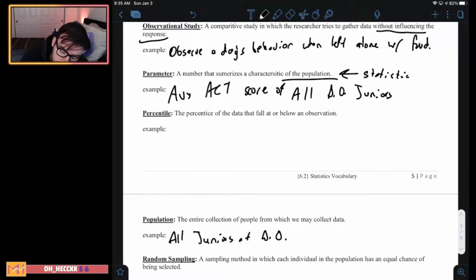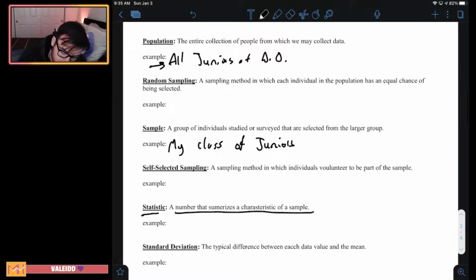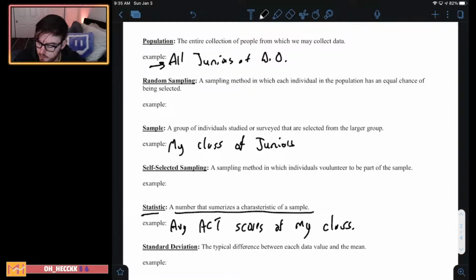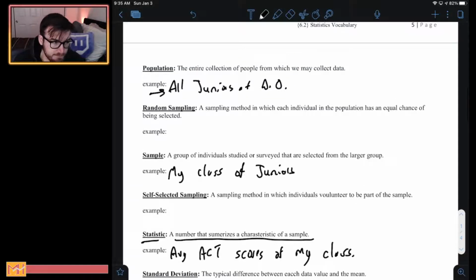That describes the entire population. But a statistic would be the average ACT score of my class, meaning me. You can write Mr. Skis if you want. The average ACT score of Mr. Skis' class, you guys. Hopefully you see what I'm getting at here.